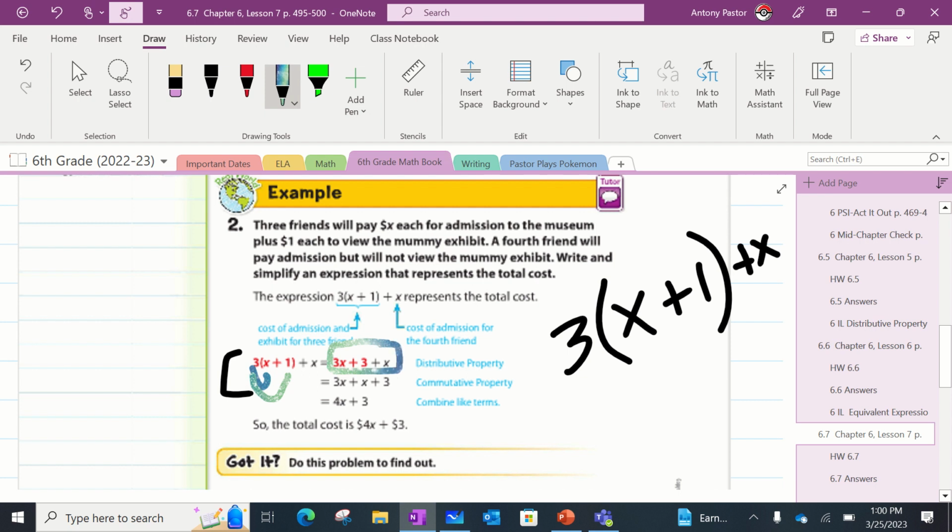We're going to combine like terms. 3x and x together will make 4x, and we still have the plus 3 left over. So the total cost for these 4 friends, 3 of which are going into the museum and to the mummy exhibit, and 1 who is only going into the museum, does not want to see the mummy exhibit, will be paying 4 times x dollars plus $3.